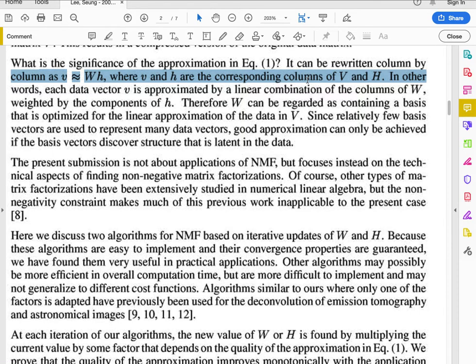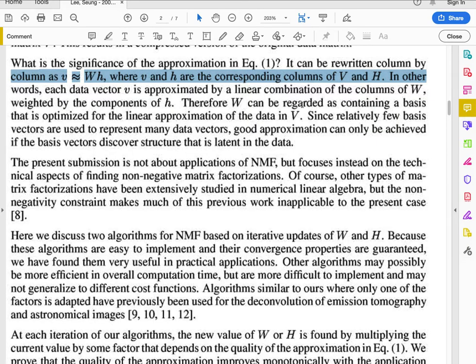But in this case, these are not eigenvectors, these are some non-negative representation. We call it a dictionary. Okay, dictionary. Why dictionary? Because this is what you carry with you, and to construct different images or different data, you just take a weighted sum of them, right? You can call it a basis or a dictionary, whatever you like. Okay, so this is about W.